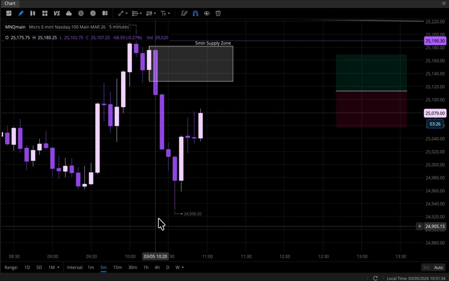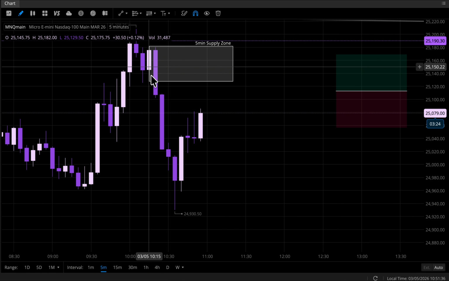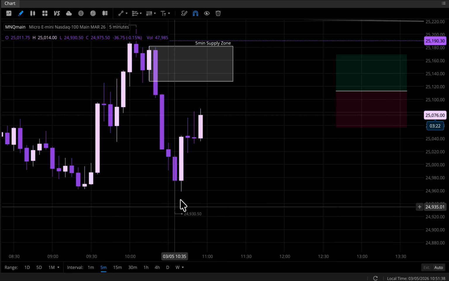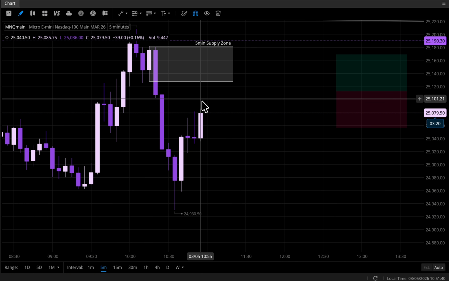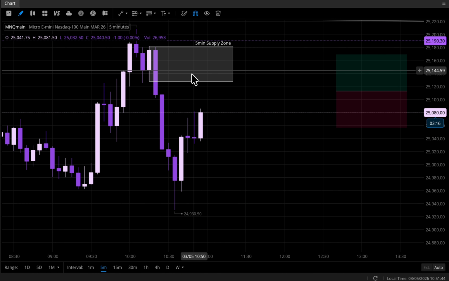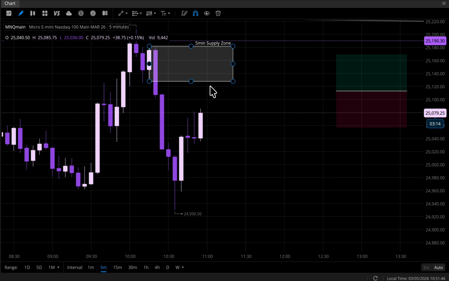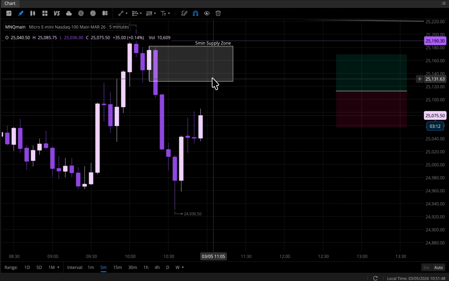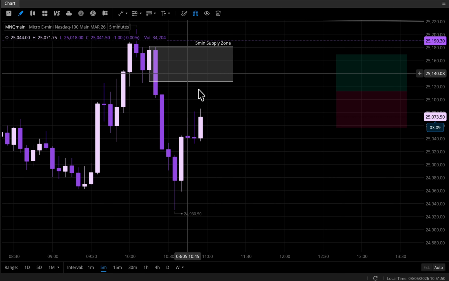When we're in the correction phase, which is here because price broke out here, broke structure here, we do want to see this because we want to get a tap to the zone where price broke out of. Basically, we want price to retest this area.